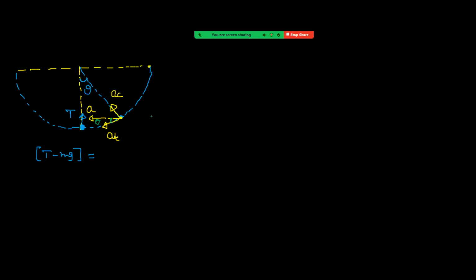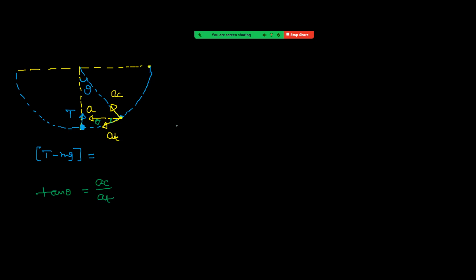Now we can write tan theta equal to AC upon AT, because AC and AT are mutually perpendicular, one towards the center and one along tangent, and A is their resultant.